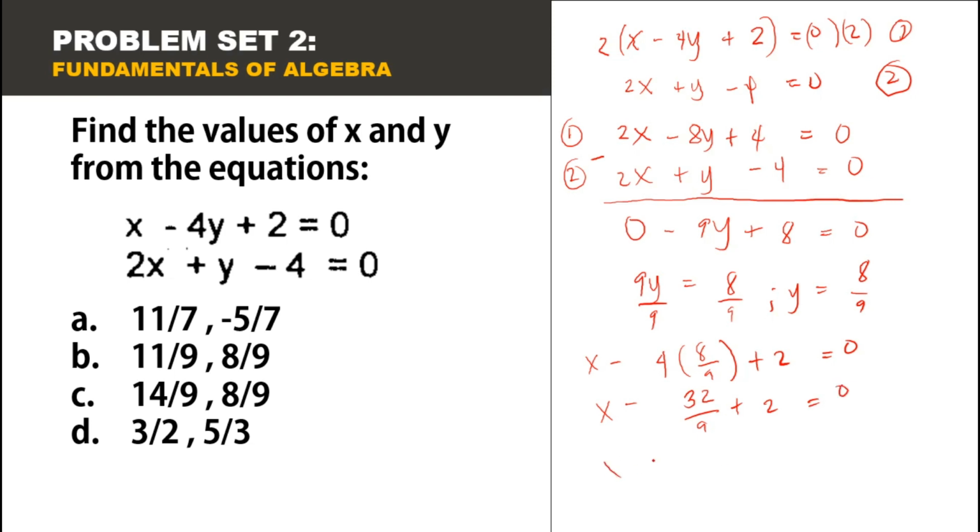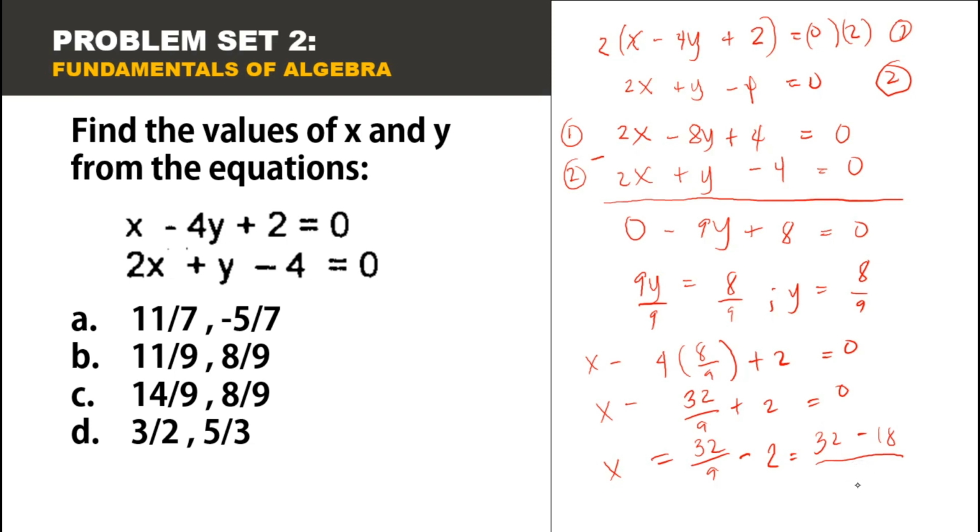So we have x, and we can transpose this to the other side. So we have 32 over 9 minus 2. The LCD is 9. We have 32 minus 9 times 2, this is 18, over 9.